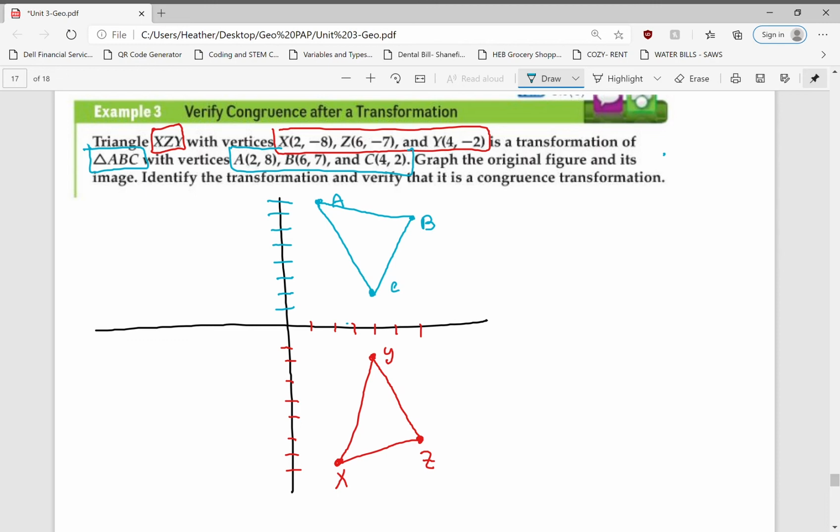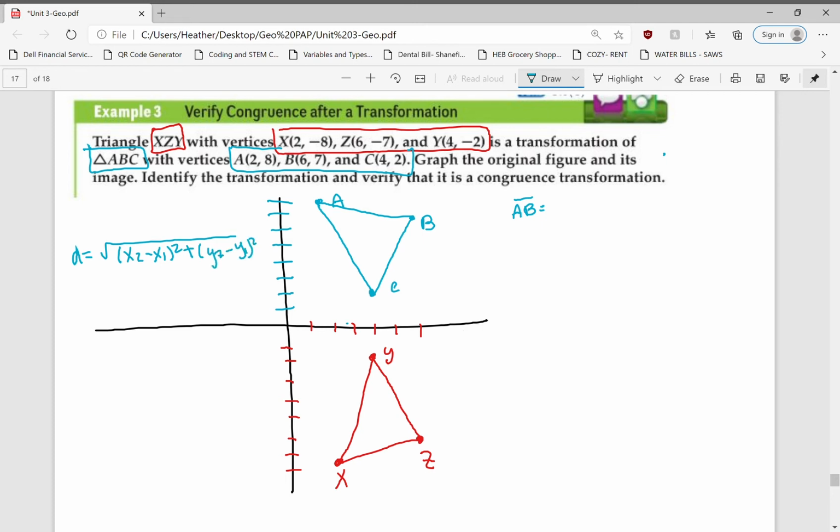Now we have to determine the distance for each part of the triangle. First I'm going to find the distance from A to B, and I'm going to leave this in blue so you know which one I'm talking about. Remember, in order to find the distance, we have to use the distance formula. D is equal to the square root of x2 minus x1 squared plus y2 minus y1 squared.